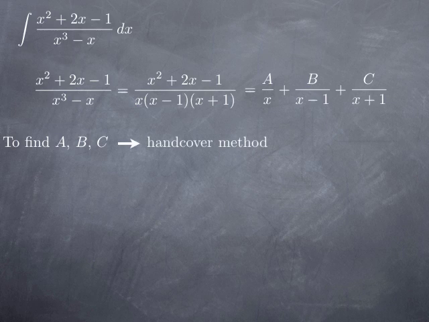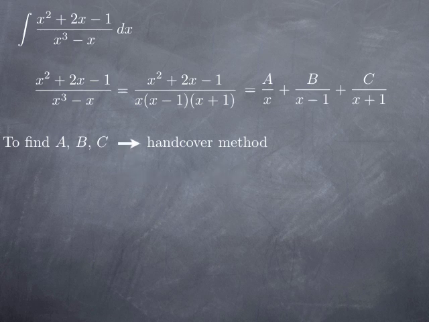The so-called cover-up method, that is the most efficient for this particular case, but has a limitation of applying only, at least in a straightforward form, in the case where we have only non-repeated linear factors. And the system method that applies more systematically, and therefore even though it's not the most efficient method in that case, we're going to already talk about it a little bit.